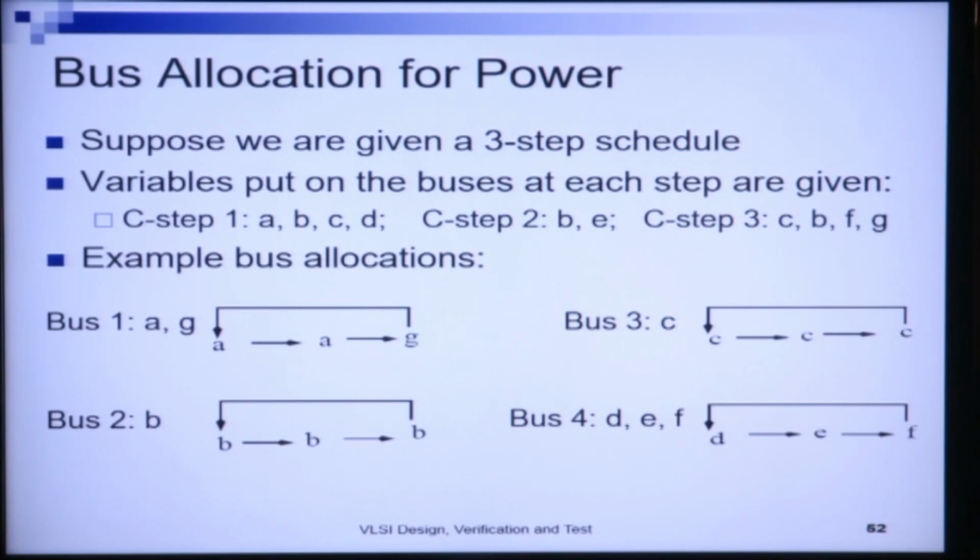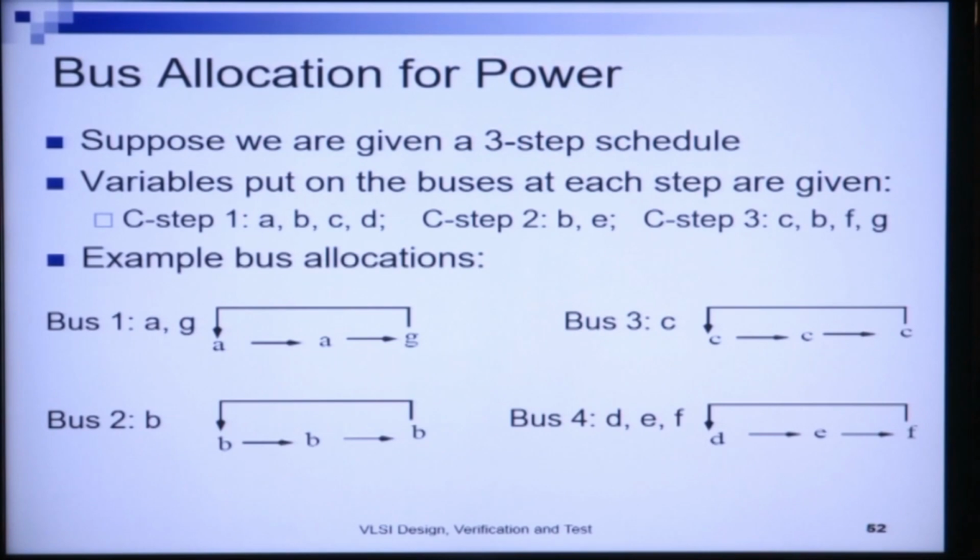Let us assume that the schedule is as follows. We put variables A, B, C and D onto the bus in time step 1. We put variables B and E onto the bus at time step 2, and we put variables C, B, F, G onto the bus at time step 3.